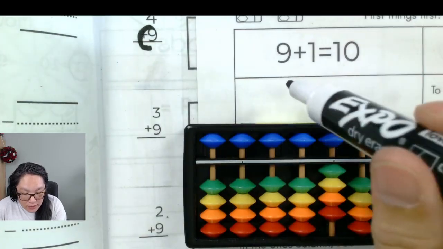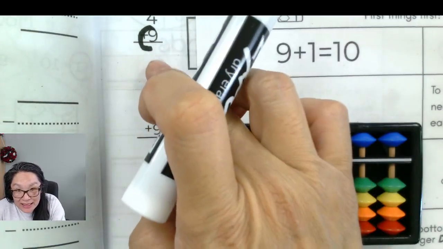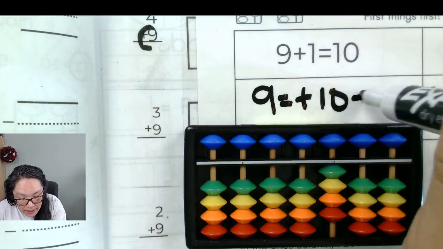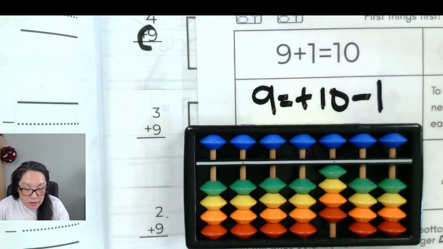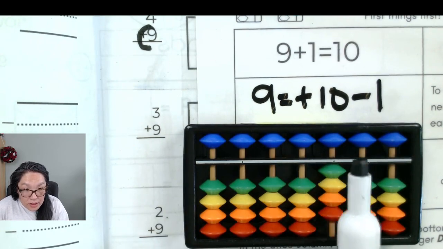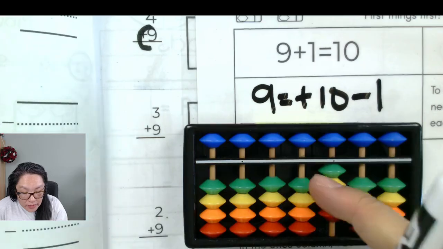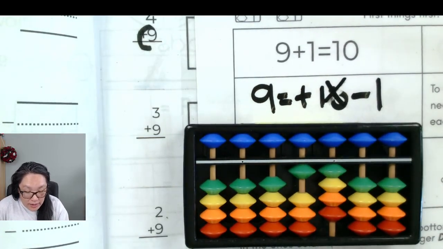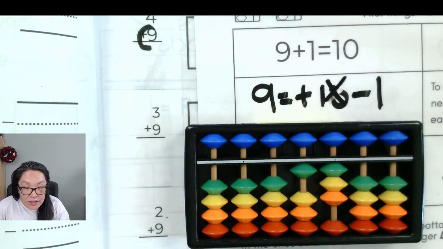So 9 is equal to plus 10 minus 1. We plus the 10, we add the 1 here, and then we minus the 1 and take away the 1. My final answer is 13.